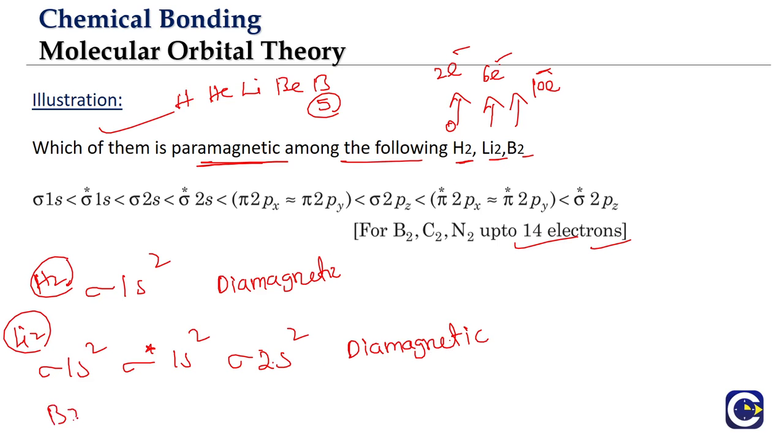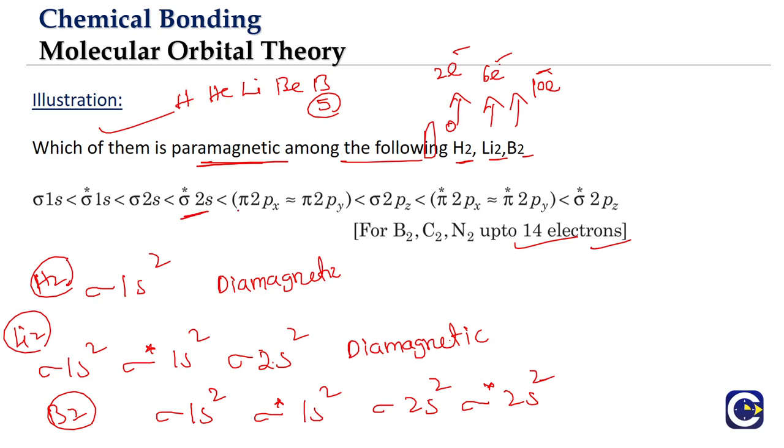Now the last one is B2. It has 10 electrons. Sigma 1s we give 2 electrons, sigma star 1s 2 electrons, sigma 2s 2 electrons, and sigma star 2s 2 electrons. After giving 2 electrons into sigma star, we get into pi 2px and pi 2py, which are degenerate.